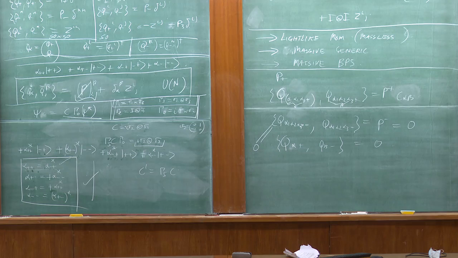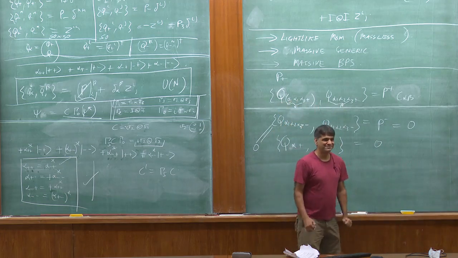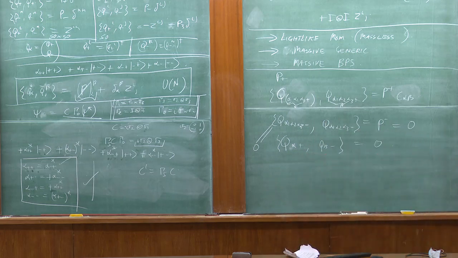Okay, so right now let's forget about the central charges. So what is left is this guy here. Okay, now you see that what's left is we have to implement this algebra of Q's with itself, also including its own dagger, if you like, being equal to C alpha beta.